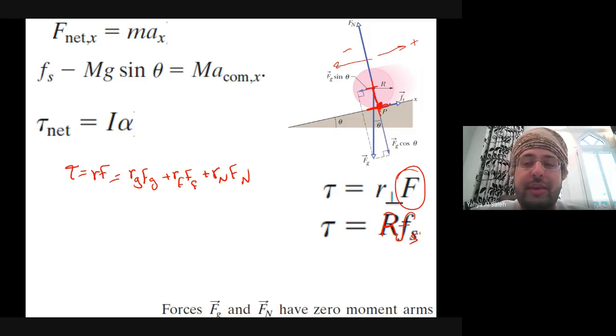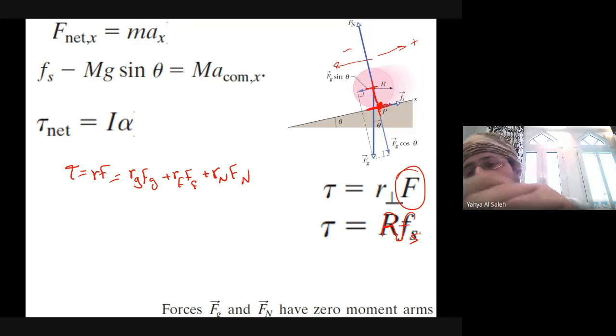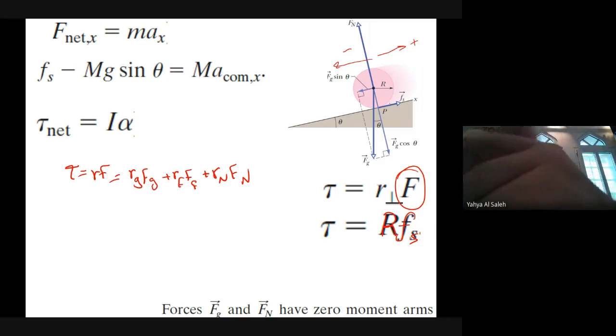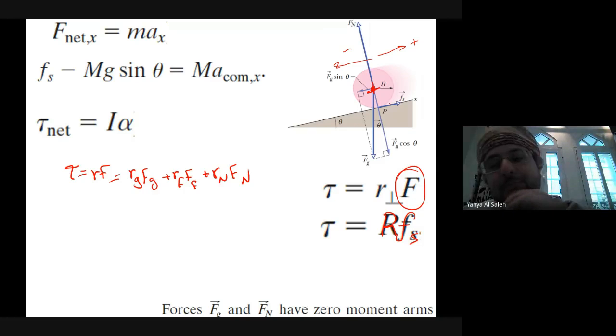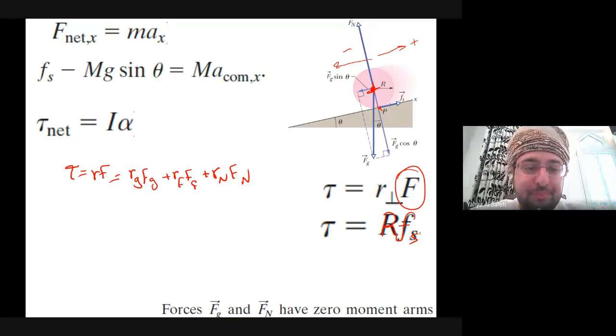Okay, so here your fixed point is P, but your rotation is actually about what? Where's your center of rotation? Your center of rotation here is at this point. P is simply the contact point, not your center of rotation.